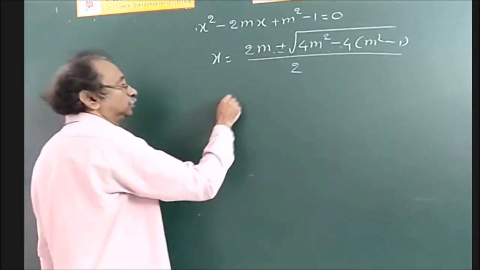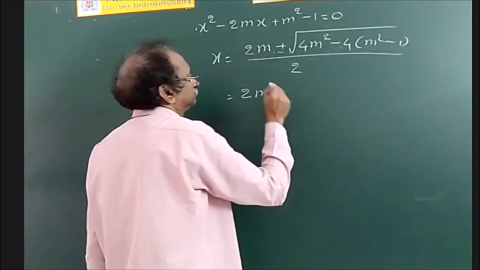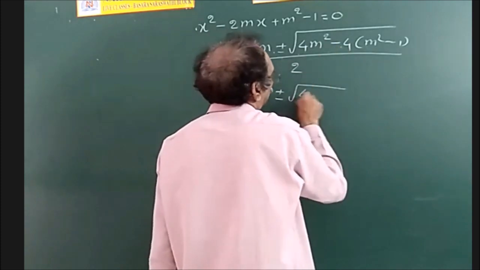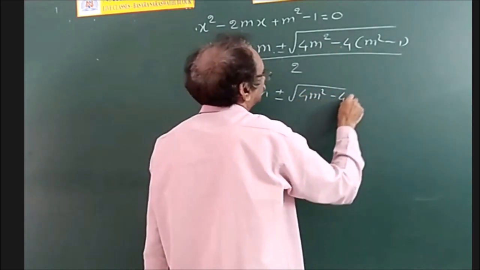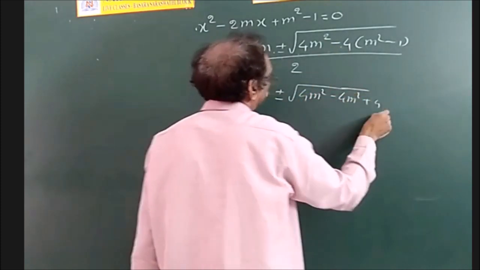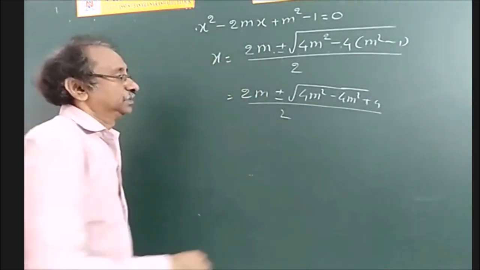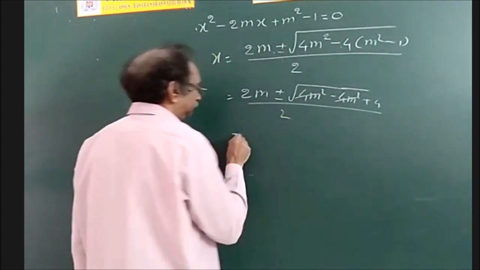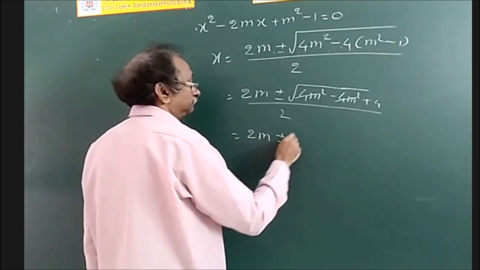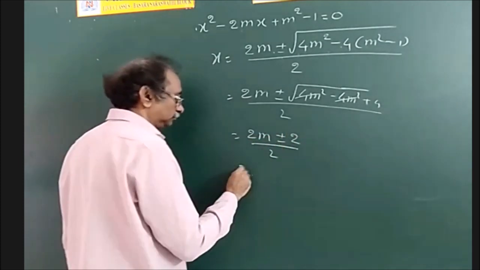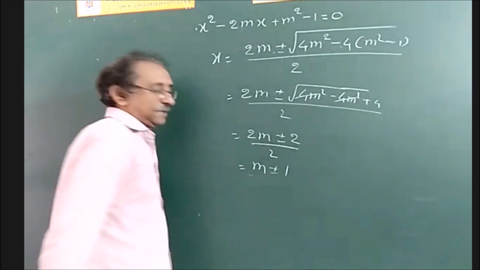So this is equal to 2m plus or minus root of 4m square minus 4m square plus 4, by 2. The 4m square cancel, that is 2m plus or minus 2 by 2. Divide with 2: m plus or minus 1.